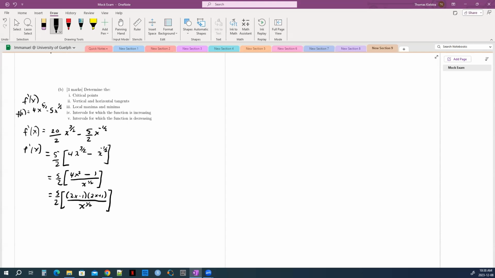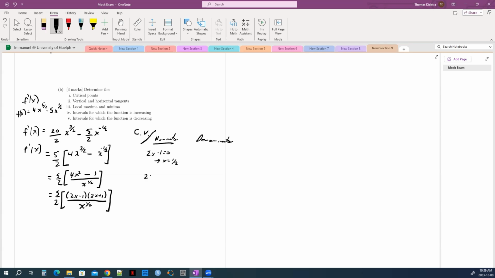And now we've got for our critical values, we're looking at the roots of the numerator and our denominator. Here, the numerator gives us 2x minus 1 equals 0, which implies x equals 1 half.